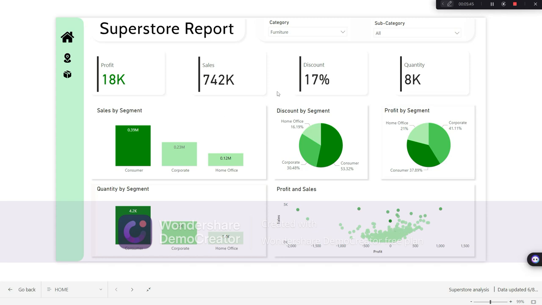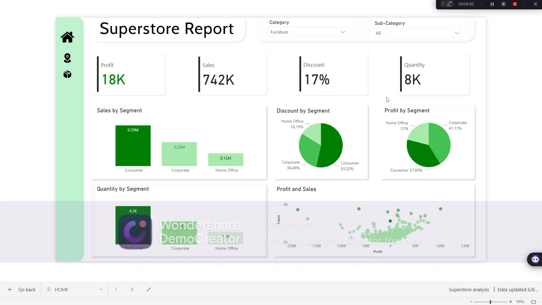Now the discount by segment chart shows we give the most average discount to the consumer, about 53% of total discount. Second we give to the corporate, and after that home office. Now we see the profit by segment.